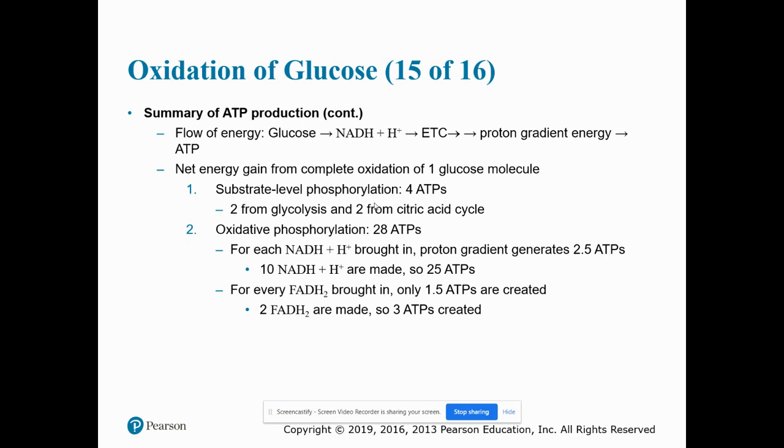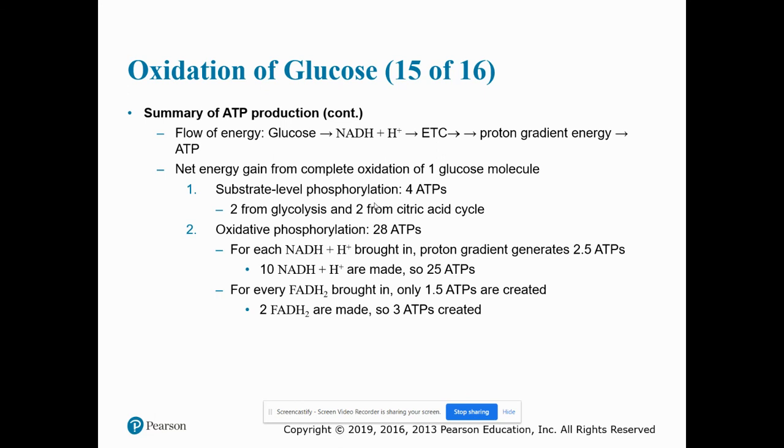Net energy gain from the complete oxidation of one glucose molecule. So we're going to make 4 ATP from substrate level phosphorylation. 2 are coming from glycolysis, 2 are coming from the citric acid cycle. And then we're going to make 28 ATP via oxidative phosphorylation.